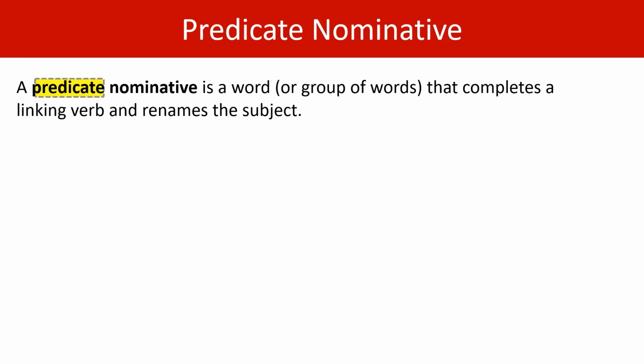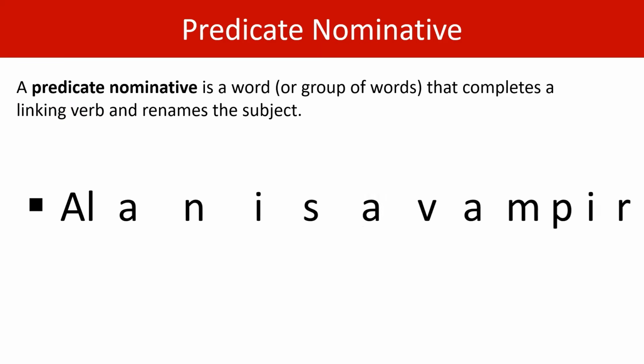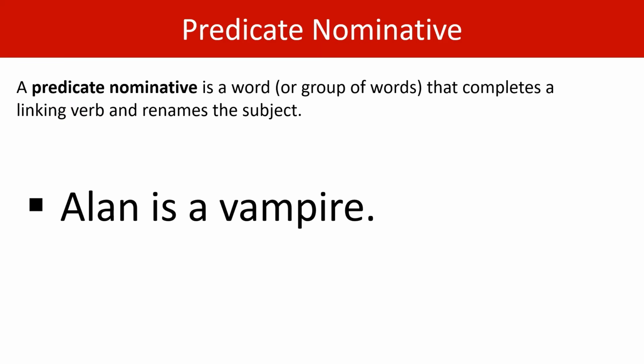The word nominative just means something that functions like a noun, and we're going to talk a little bit more about that later. We're going to talk about linking verbs very shortly, but for now, let's just look at a predicate nominative. Here's an example. Alan is a vampire. Well, this is our subject. Is the linking verb. A little bit more on these in a second.